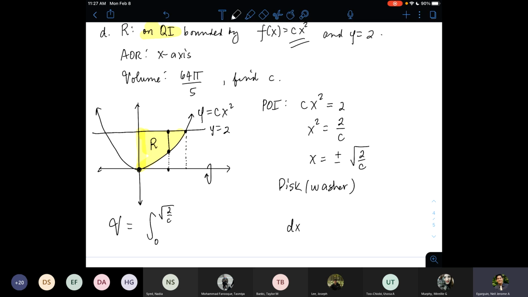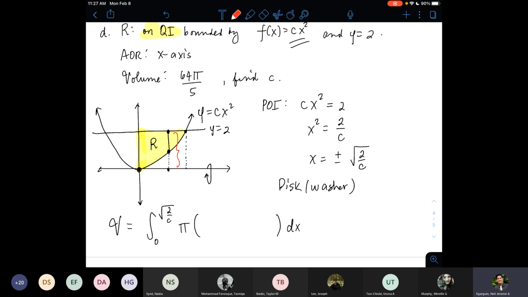So the cross sections that we have are washers, and the formula would be pi times outer radius squared minus inner radius squared. So what would be the outer radius? Well, the outer radius would be the larger radius. So that's how many units?